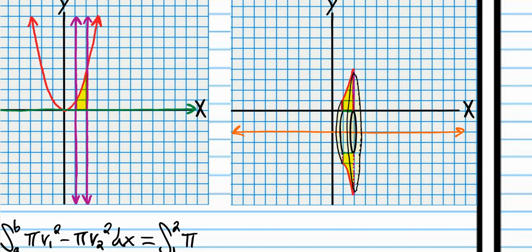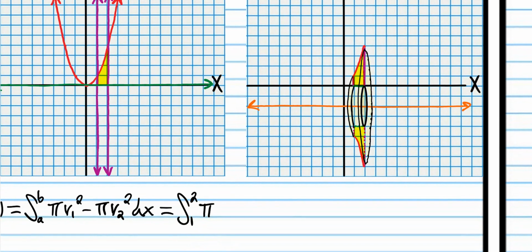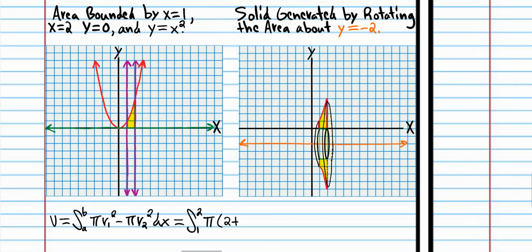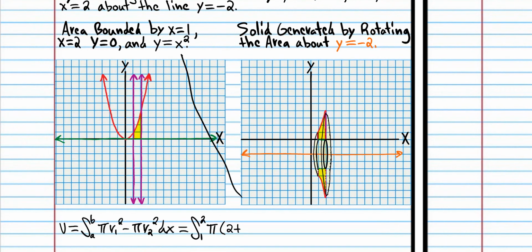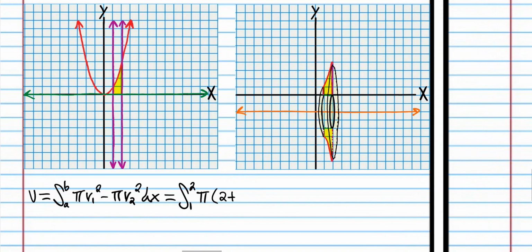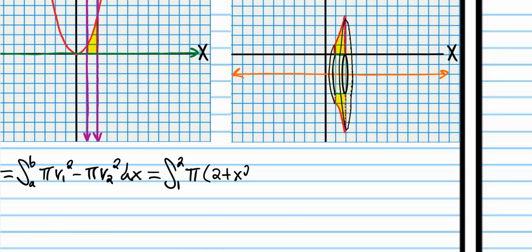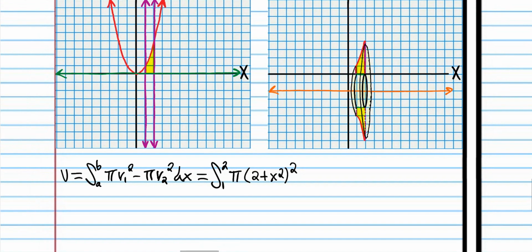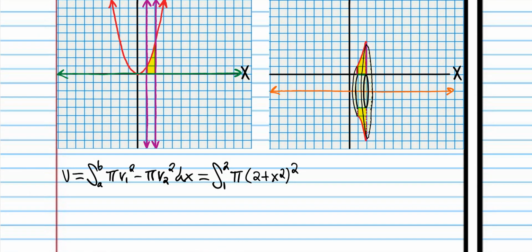All right, so it's going to be 2 plus, and the y value of the red graph is x squared. We have to square that because the radius is squared, pi r squared. So again, that's not something that is exactly easy to understand for students.